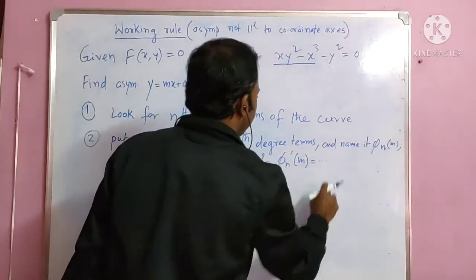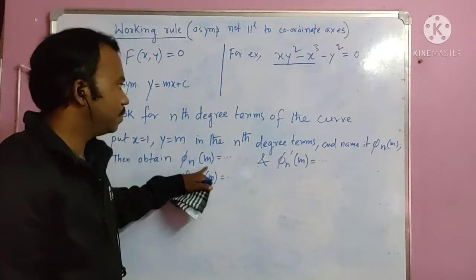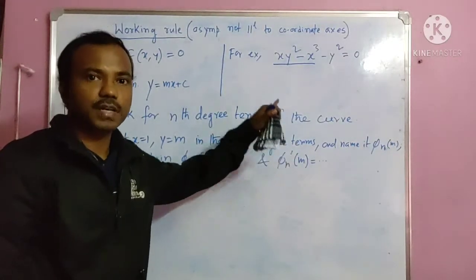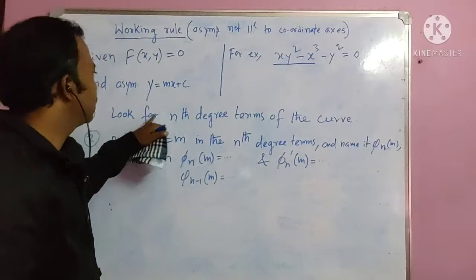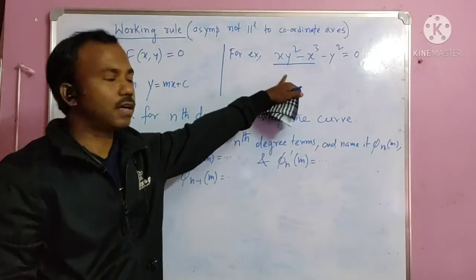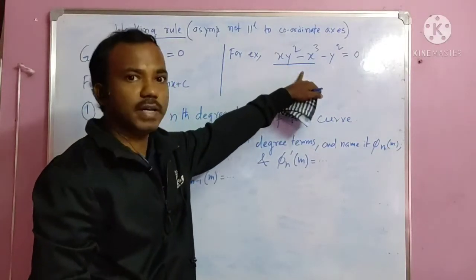Okay, let me say, what is phi n of m? Phi n of m is the nth degree term of the curve. We already looked at who are the nth degree terms of the curve. For this particular curve, the nth degree terms are x y square minus x cube.